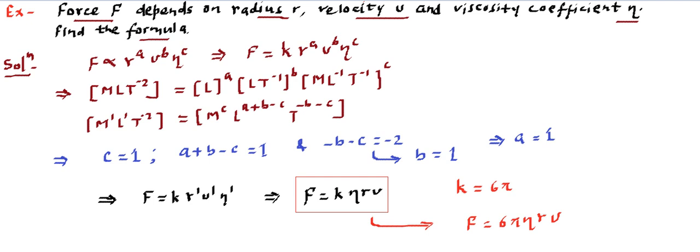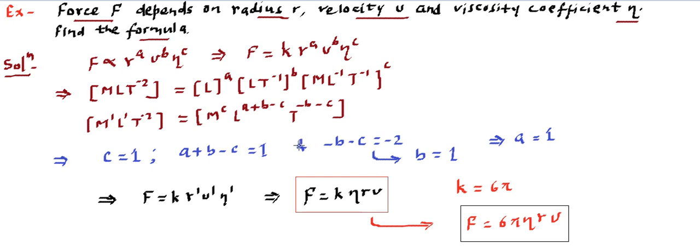and that's the formula that talks about how viscous force acts on a spherical object of radius r moving with velocity v in a medium of viscosity eta. Right, so that's an important formula, and this is the derivation of this formula, which we have established by using dimensional analysis. So this is the method we are following.